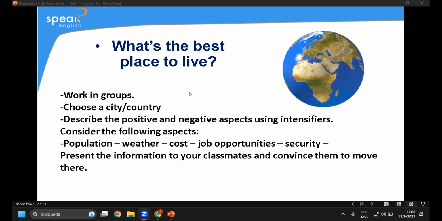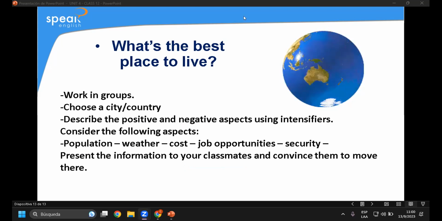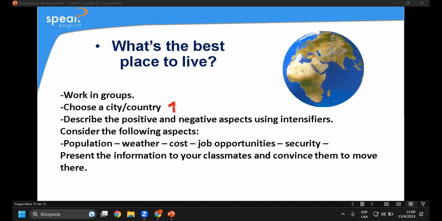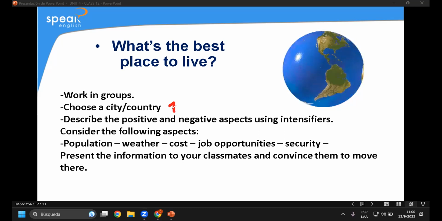Yes. Okay, how many cities or countries do you need to present per group? Only one. Are you going to talk about only the positive aspects? No, also the negative. Do you need to use intensifiers?